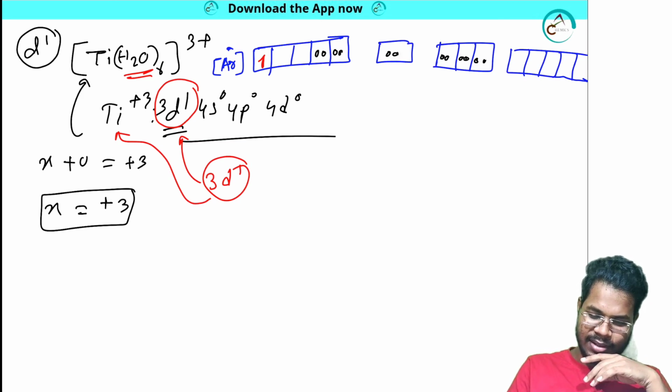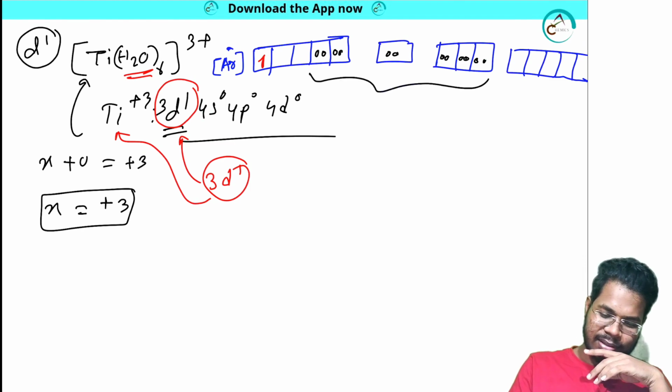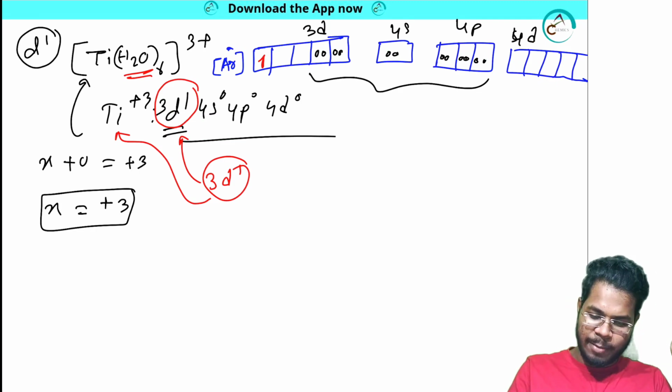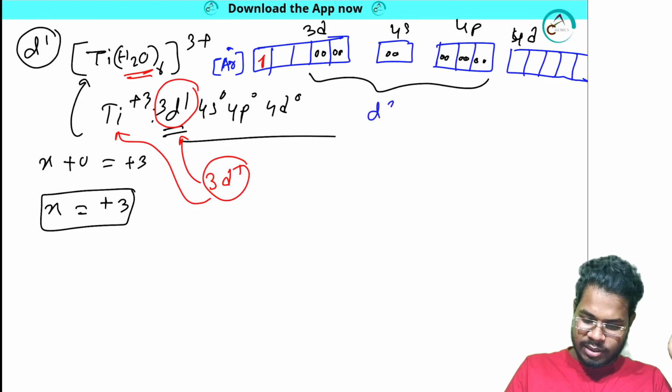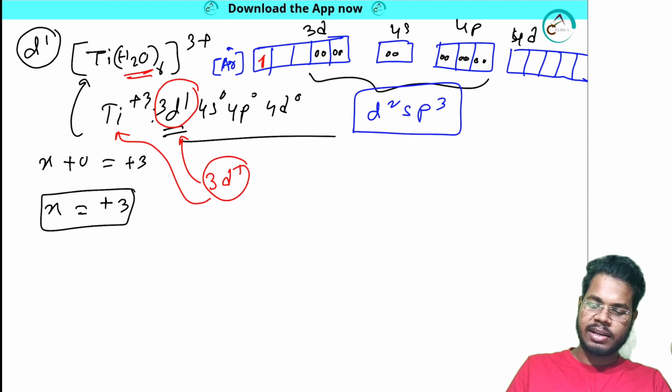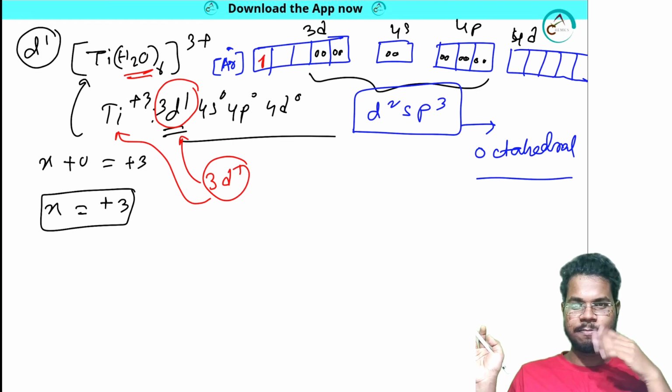This is 3d, this is 4s, this is 4p, this is 4d. So what is the hybridization here? Two d, s, and three p, so d2sp3. Of course it will be octahedral again. Clear? Is it clear for the d1 system?